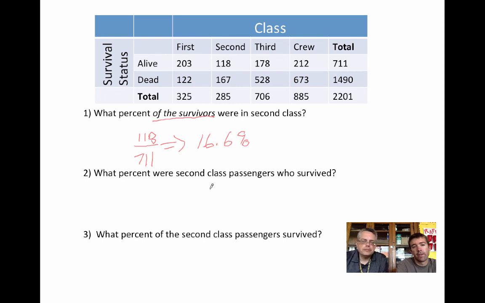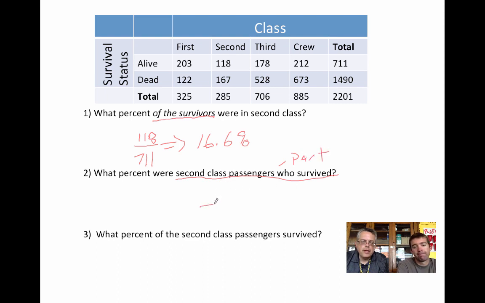Second question. What percent were second-class passengers who survived? This one gets a little trickier, but we now want to know, of the whole ship, the second-class passengers who survived. That's all one item. What I underline is the part this time.